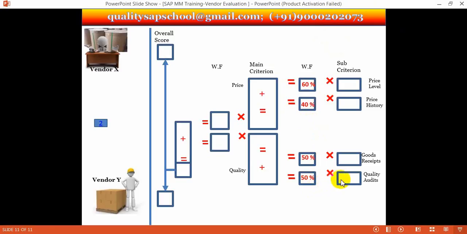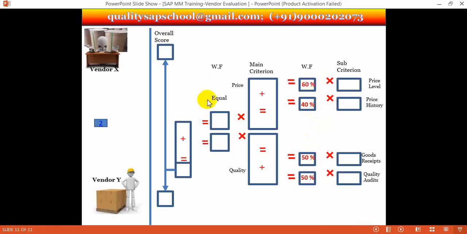Area and the number of suppliers, all those factors need to be considered in these weightage factors. So for price, 60-40; for quality, here I have distributed it equally, 50-50.